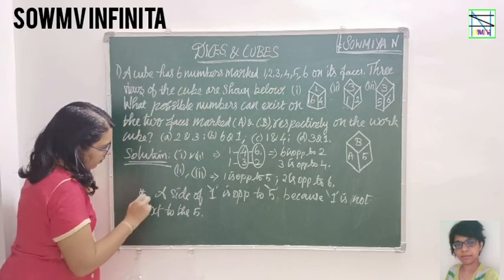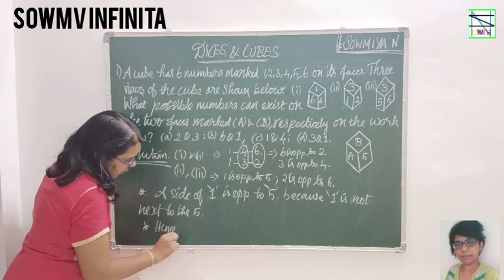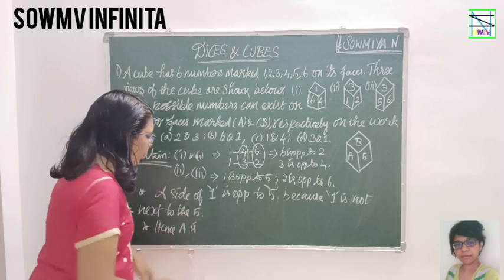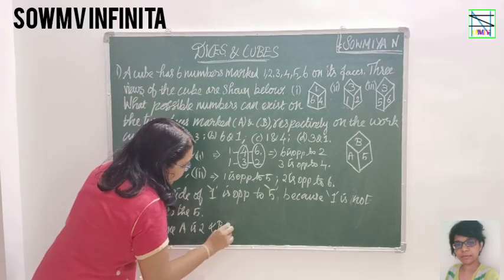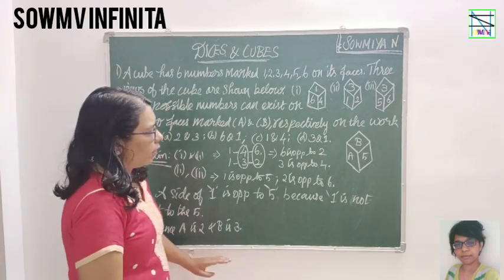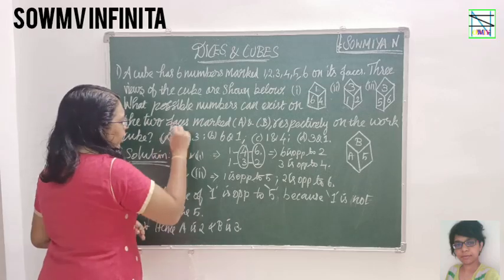Hence A is 2 and B is 3. So option A is the correct answer.